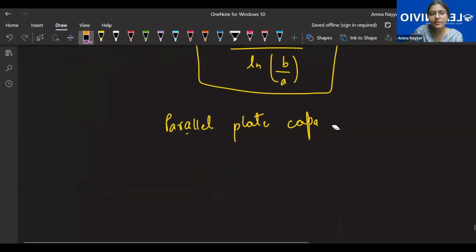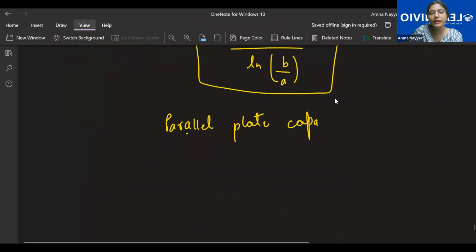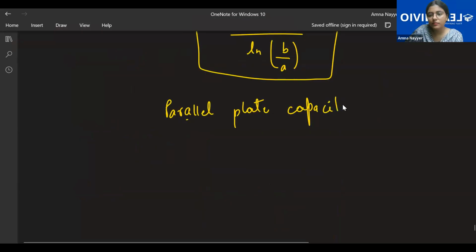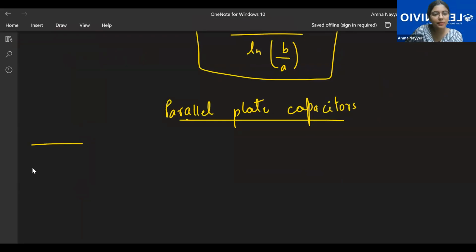Let us first discuss the formula that we have already done in the class. Class, tell me, if you have two capacitor plates completely filled with air, what will be the formula of capacitance? Jovita, you tell me. We discussed this in today's class also. Assume the area is A and the separation between the plates is D. What will be the capacitance in air?